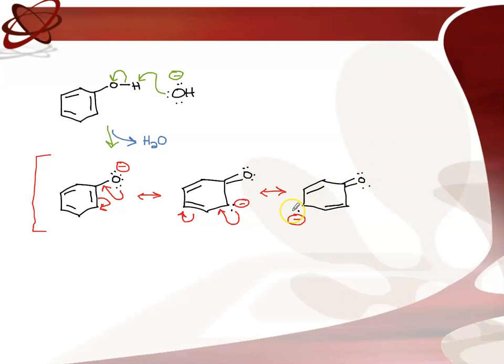Now, let's show moving these electrons out onto this position. So to do that, I'll push those electrons here into a pi bond. That causes this pi bond to push its electrons there.